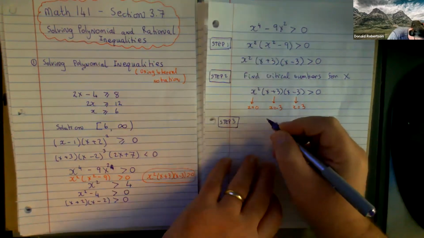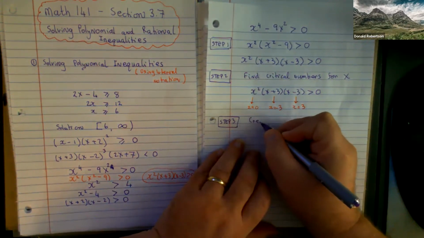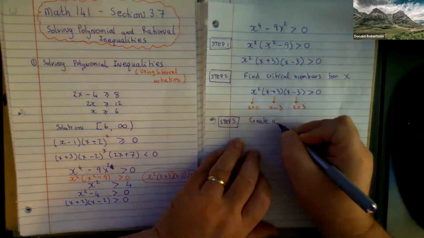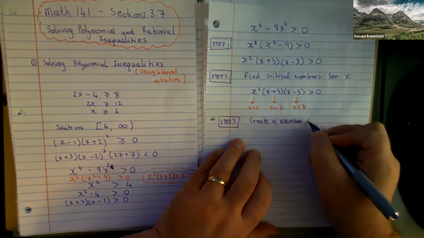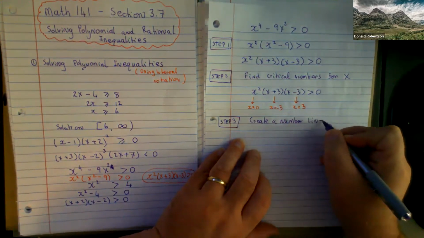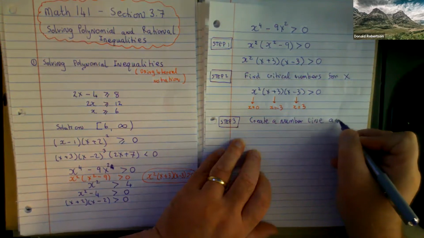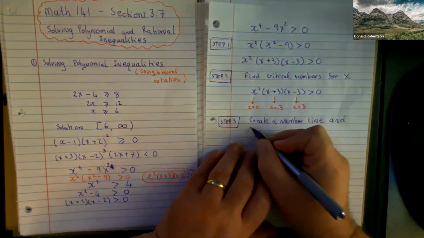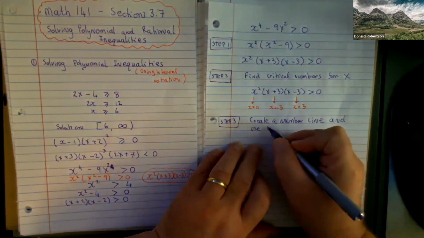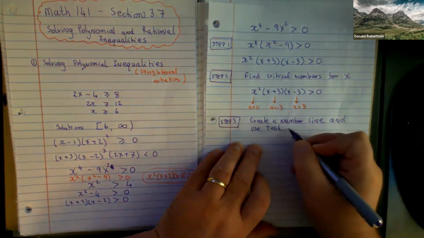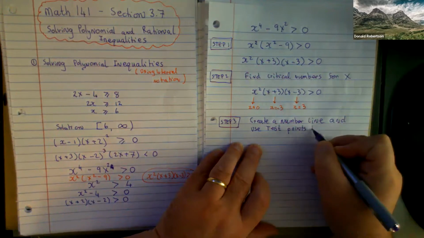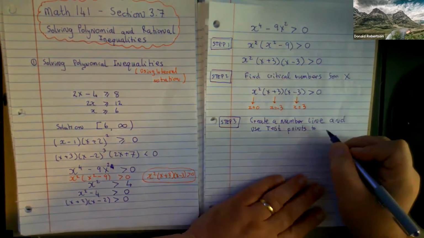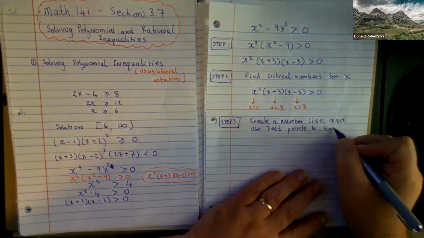And step 3 is create a number line and use test points to find the solutions.